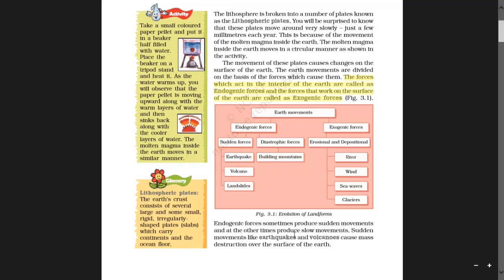Sudden movements like earthquakes and volcanoes cause mass destruction over the surface of the earth. They cause very great damage over the surface of the earth.